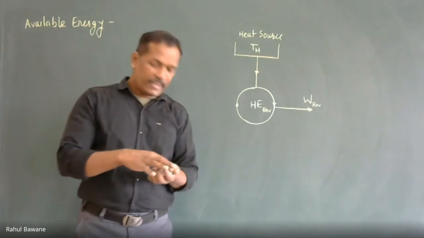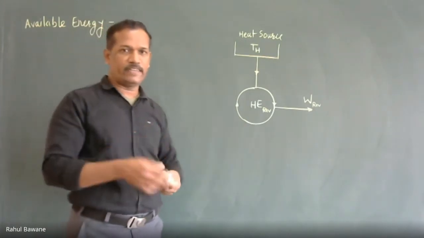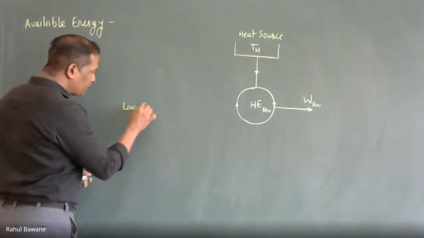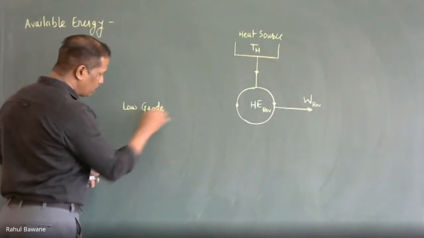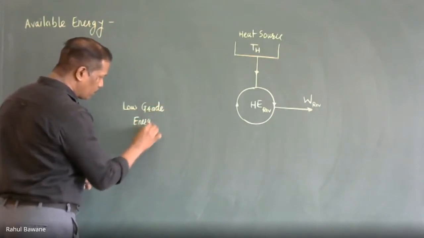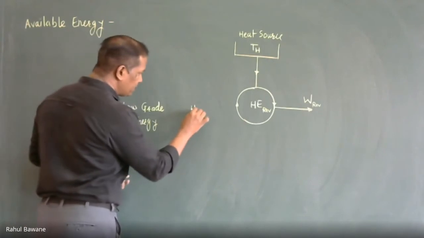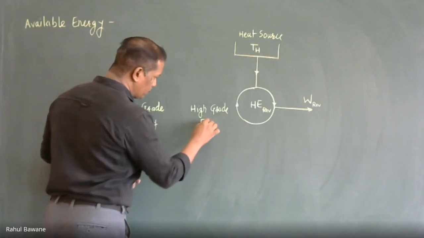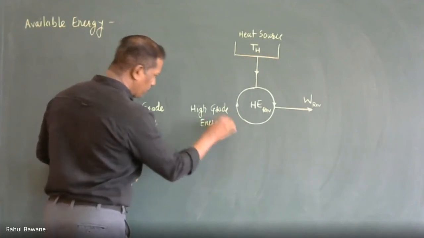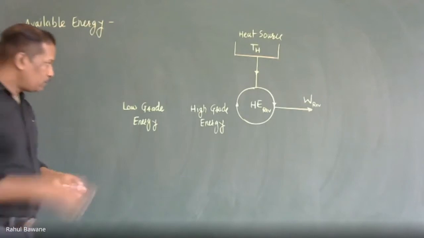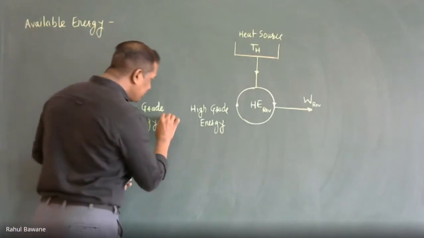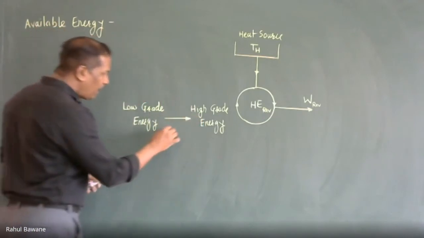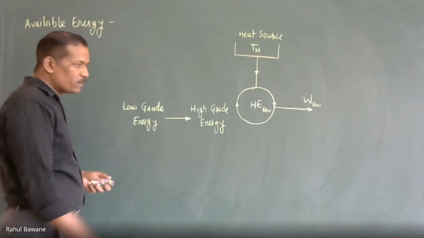Energy basically has two categories. First is low grade energy, and second is high grade energy. Now, low grade energy cannot be converted 100% into high grade.